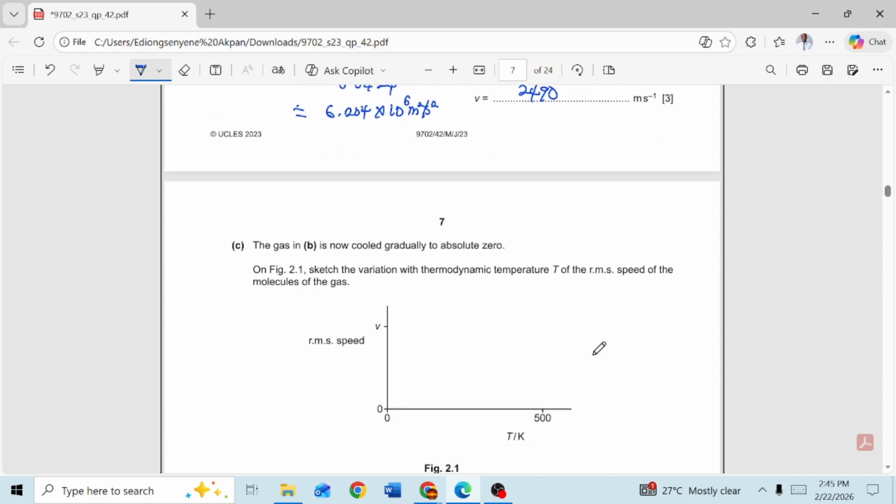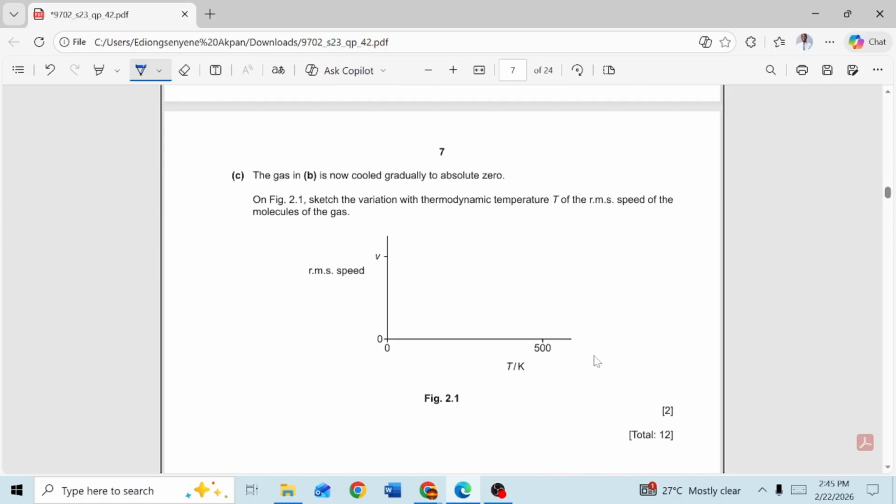The gas in B is now cooled gradually to absolute zero. On figure 2.1, sketch the variation with thermodynamic temperature T of the root mean square speed of the molecules of the gas. Root mean square speed and absolute temperature. We saw that root mean square speed is equal to square root of mean square speed.